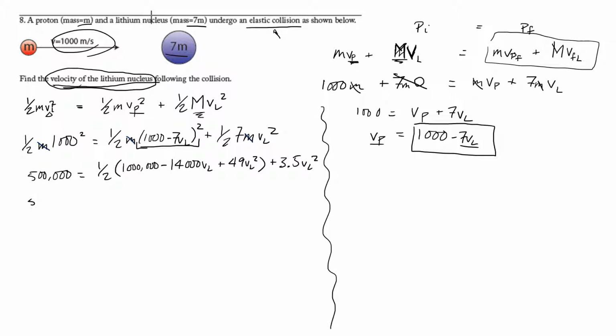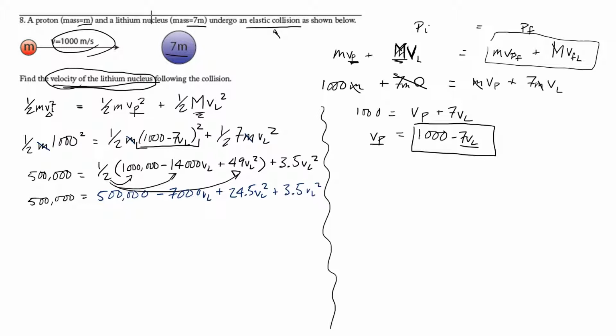All right, let's finish up. 500,000 is equal to, let's distribute this. Simple arithmetic now. This is going to be 500,000 minus 7,000 VL plus 24.5 VL squared plus 3.5 VL squared.